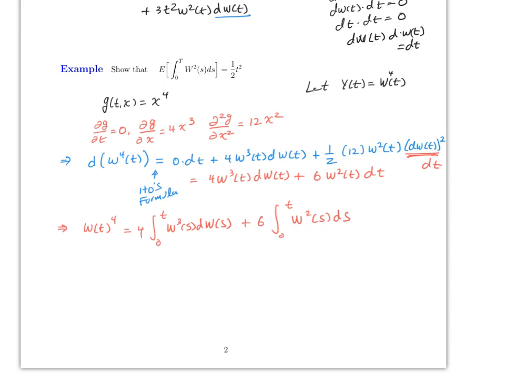Oh, by the way, in the original question, this should be lowercase t, not uppercase T. So just make sure to fix that part.